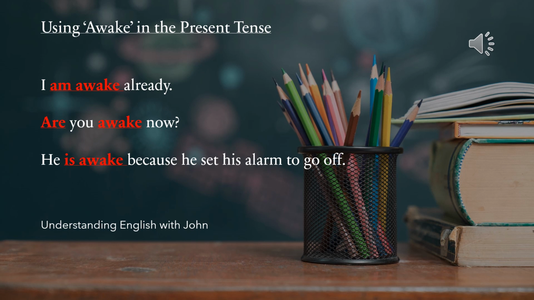So now we're going to use the word awake in several sentences. And here we also want to take note of the use of the verb to be in these sentences, which I have also highlighted. I am awake already. Are you awake now?